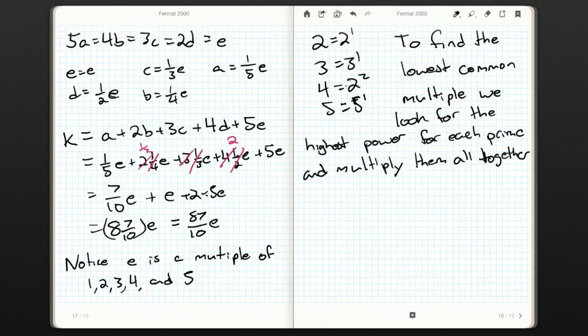So I see some 2's in here. The highest power of 2 is 2 squared. The highest power of 3 is 3 to the 1, and the highest power of 5 is 5 to the 1, and we have no other primes. When we do that, we get 60.